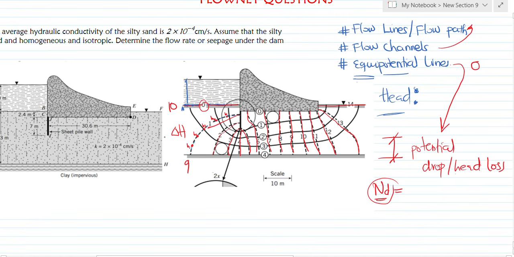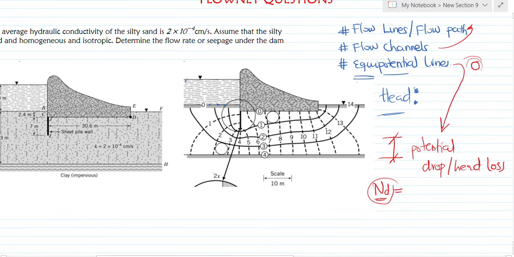I need to either count the equipotential lines by starting from 0, or I count the spaces between the adjacent equipotential lines. So if I'm counting the spaces between adjacent equipotential lines, let's see how many drops we'll get.